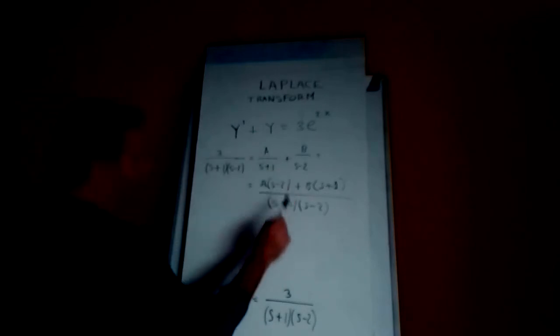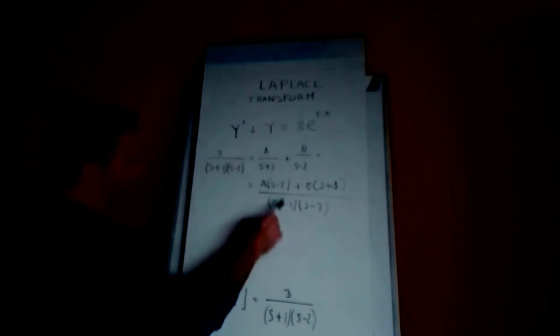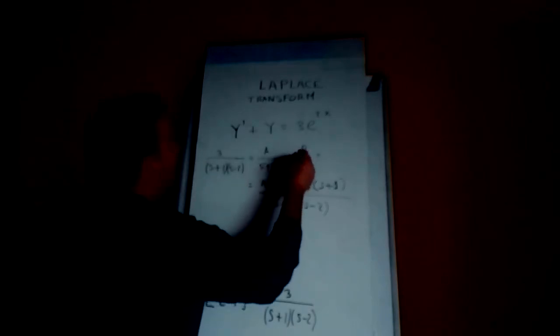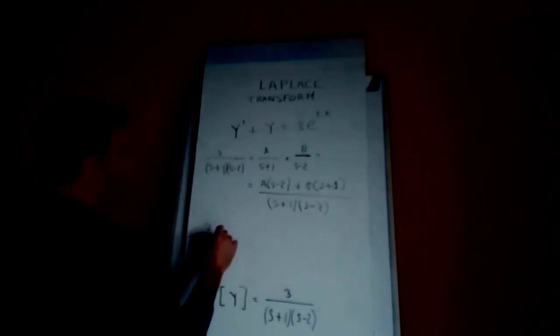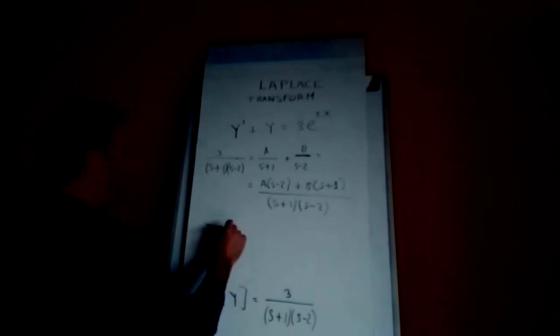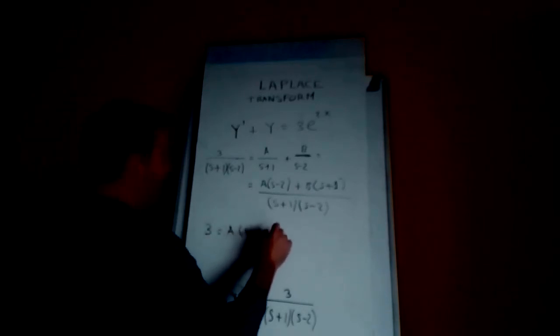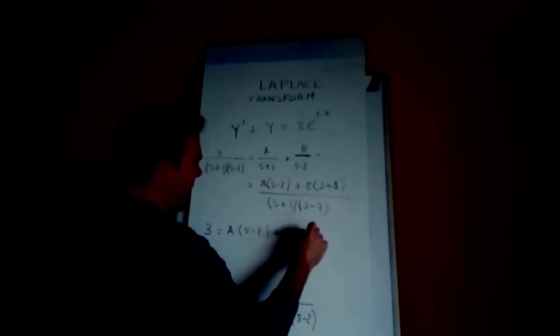If the factorization is correct, and the denominators are the same, then the numerators have to be the same. Looking only at the numerators, we can write that 3 equals a times (s minus 2) plus b times (s plus 1).